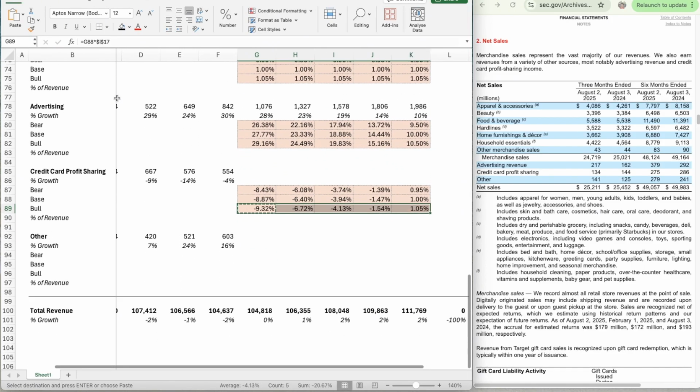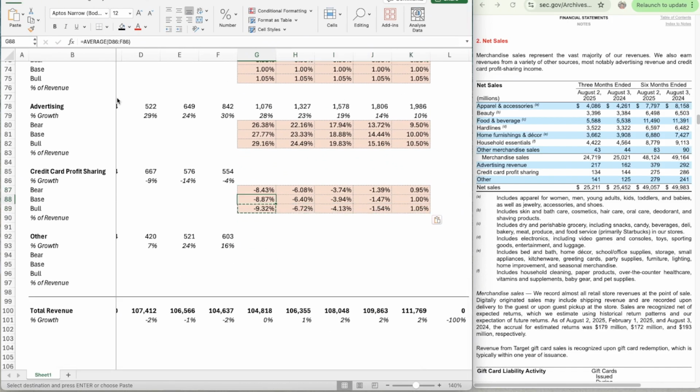Sorry. And let's put it as 0.5%. Let's be generous. It'd be so depressing having to go to this company every year and its revenue just keeps declining.